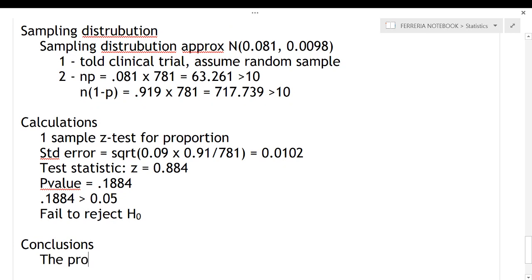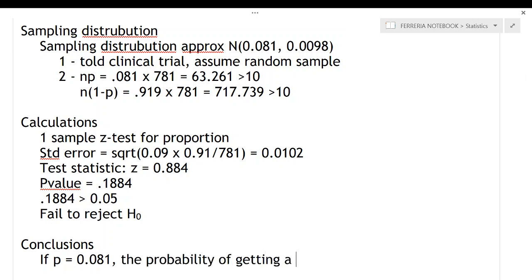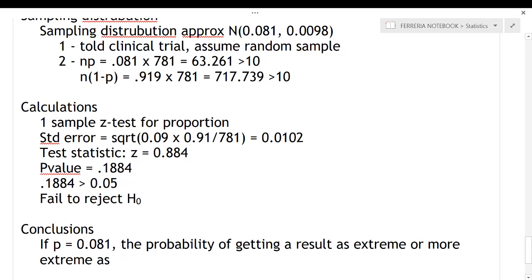The probability, if P is equal to 0.81, the probability of getting a result as extreme or more extreme as P equals 0.09 is about 0.1884.